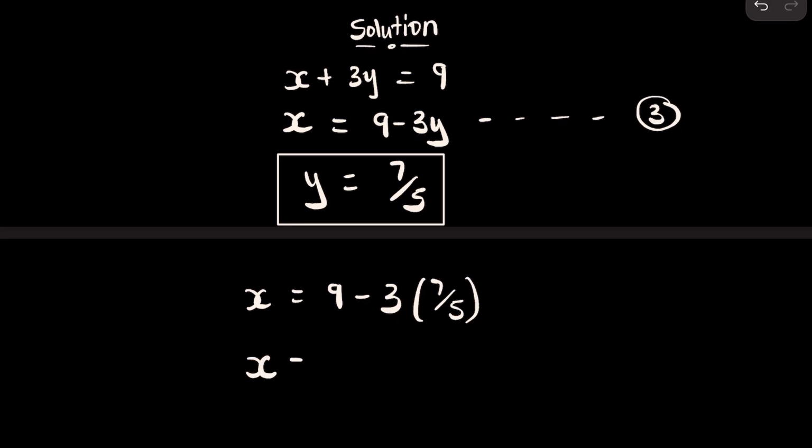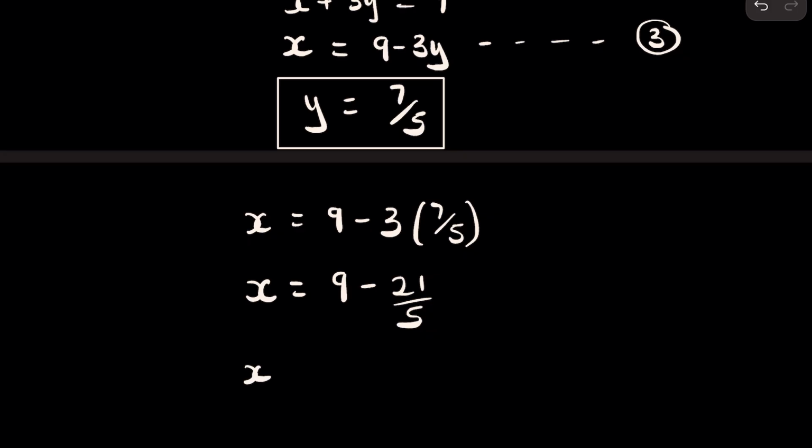That's x is equal to 9 minus, now here we have minus 3 times 7, that's going to give us minus 21 on 5. And so you're going to have x is equal to 24 on 5. So we now have both the values for x and that of y.